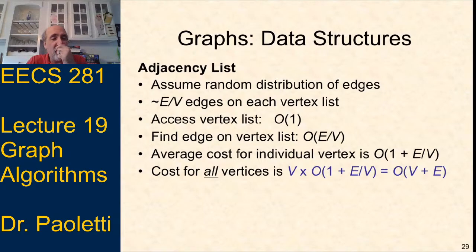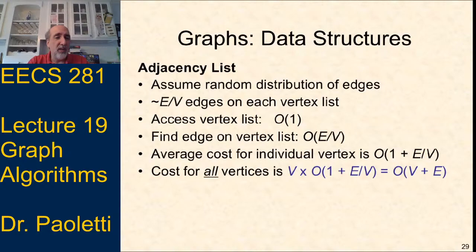And so I can get to the head of the linked list in O of 1 time, and then ask, does this edge exist in this vertex list? If I go to SFO, I can get to the head of the SFO list in O of 1 time, and I want to know, is Miami in that list?